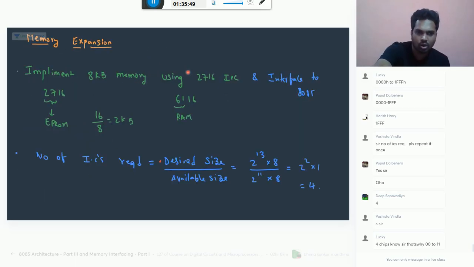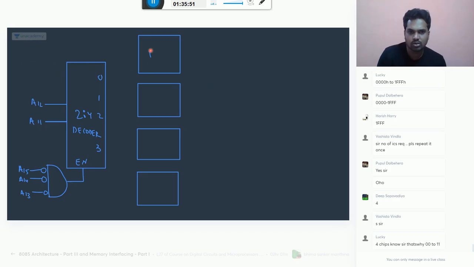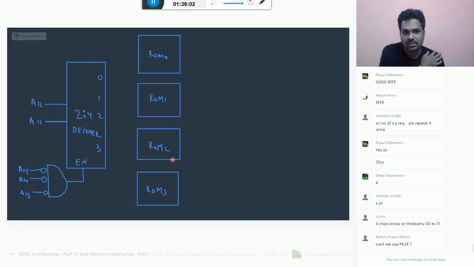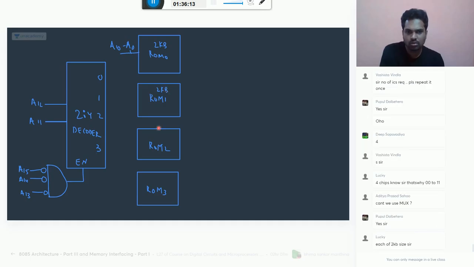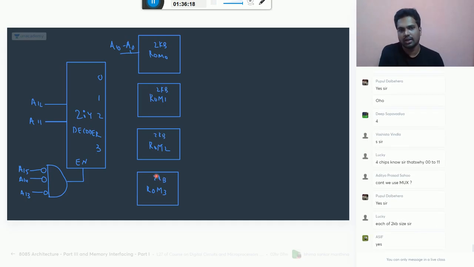You take this one. ROM is there now. So ROM 0, ROM 1, 2, and 3. In this, one part is common. What is that part? A10 to A0. This is 2 KB. So in this 2 KB, A10 to A0 is common.